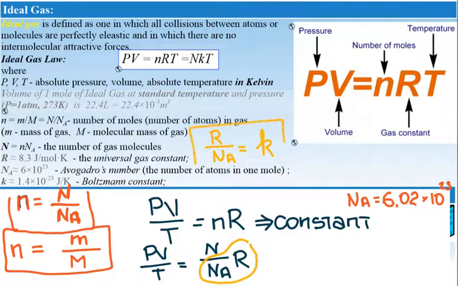So this Boltzmann constant can be replaced, and you could rewrite this same formula, PV over T is equal to N times K, where N is the number of molecules in the gas and K is the Boltzmann constant. And this constant is equal to 1.4 10 to the negative 23 joules per Kelvin.